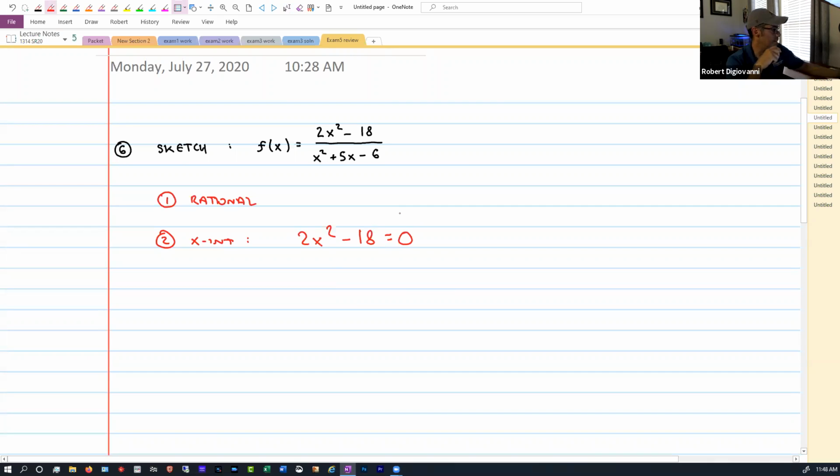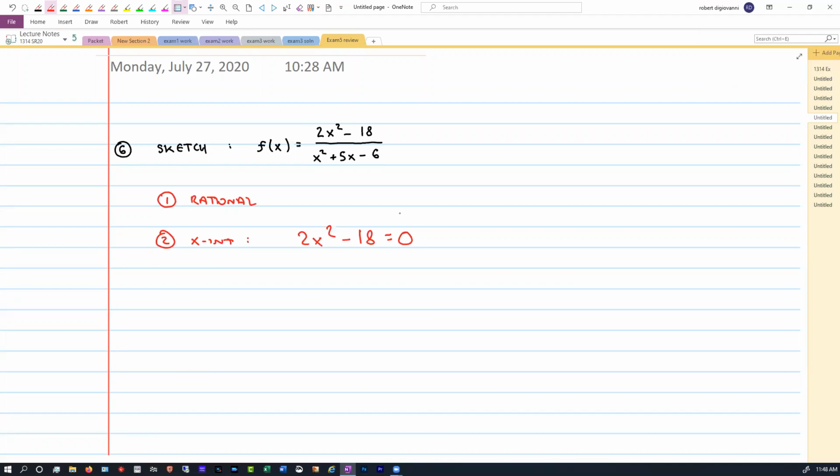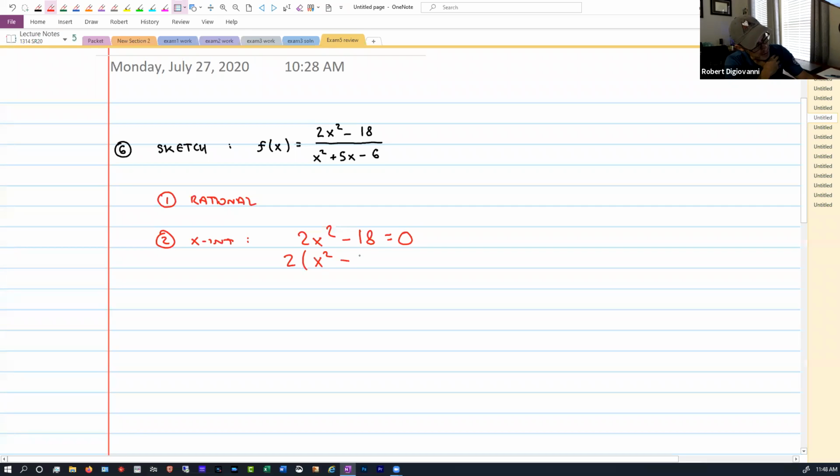Does someone want to tell me how to go about this one? GCF. Okay, what is a GCF that you see here? 2. Okay, so you could pull a 2 out. If you did that, you'd be left with x squared minus 9. Okay, can we do anything with that?